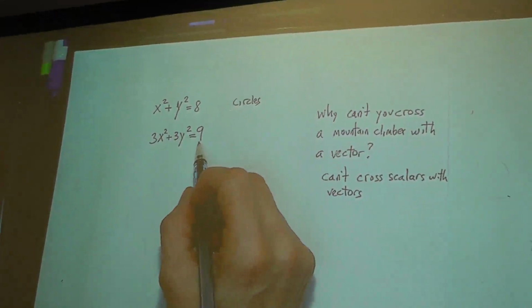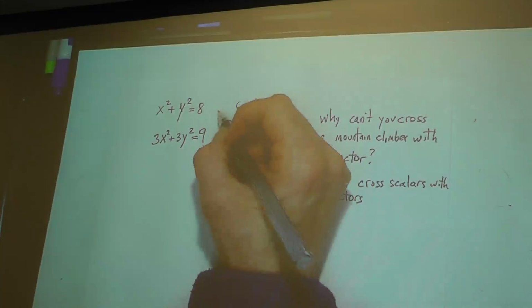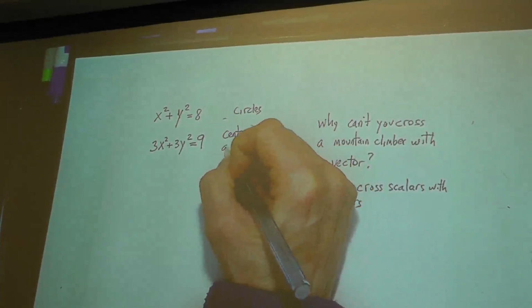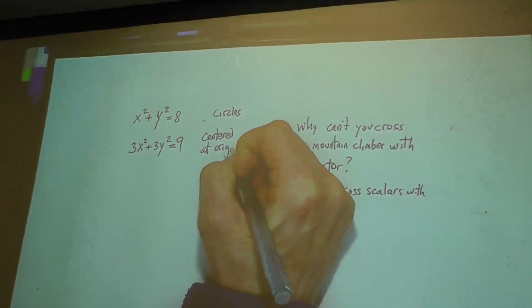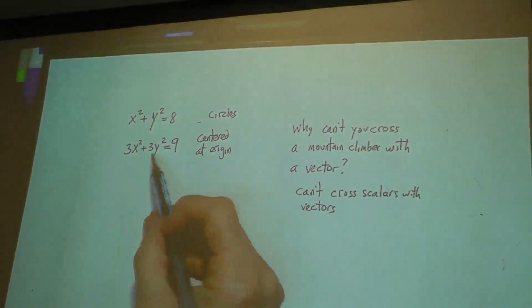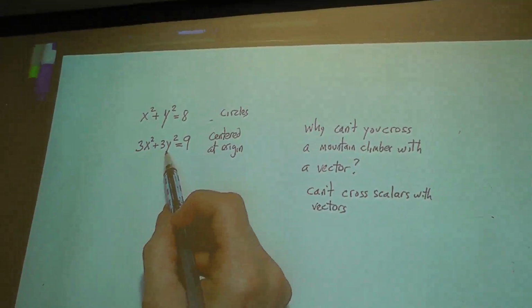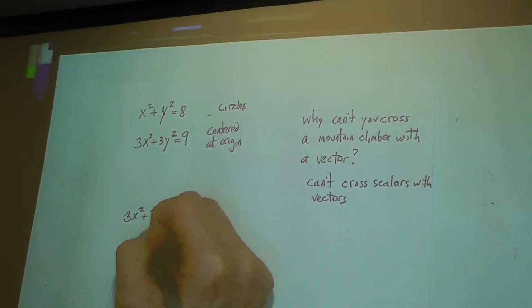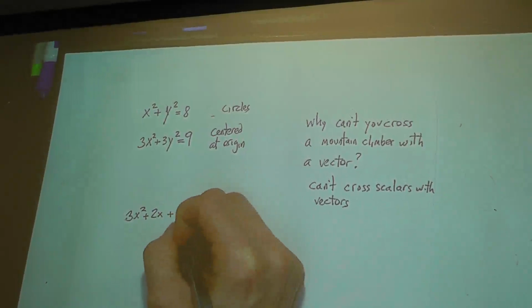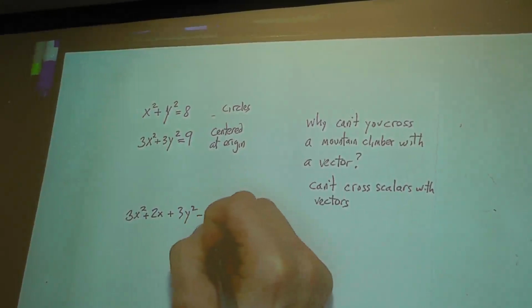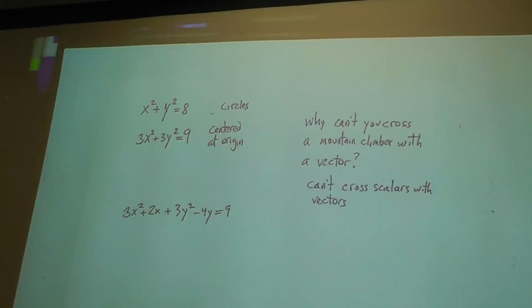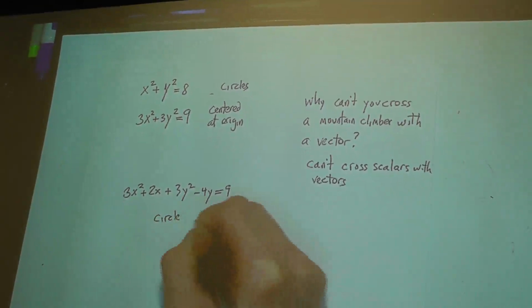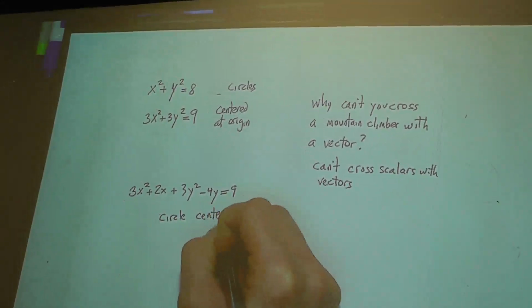Okay. These are circles. These particular circles are centered at the origin. If you have linear terms in x and or y, this is also the equation of a circle, but its center is not at the origin.